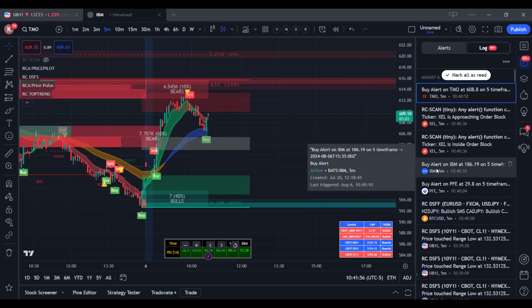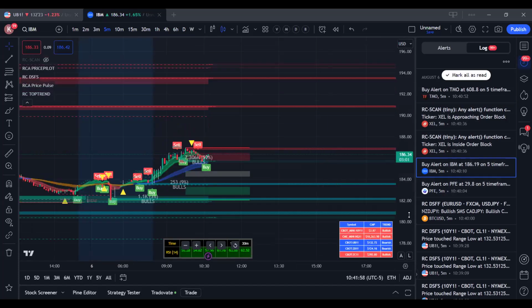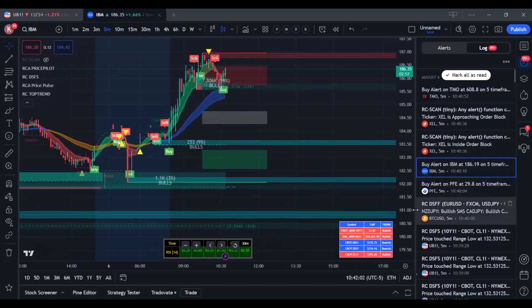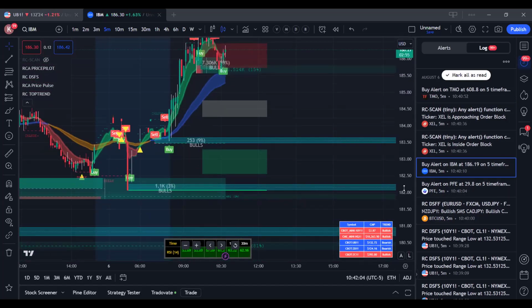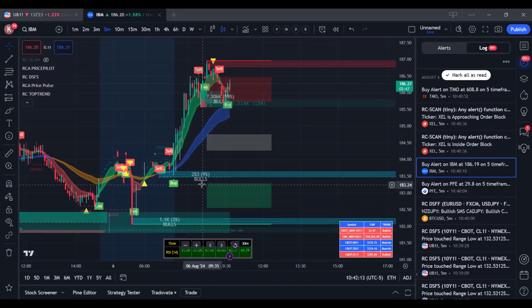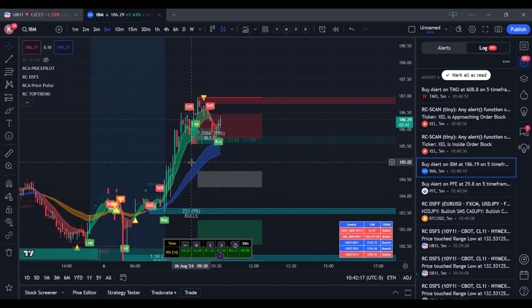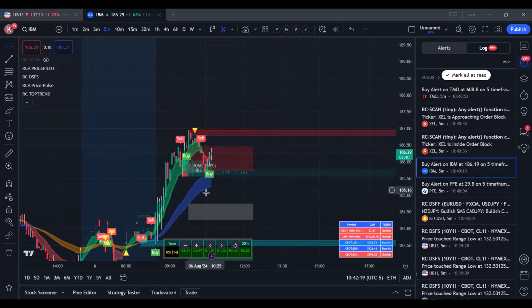So one thing you need to remember is, this is a buy order block in the blue color. In the green color, there is a buy order block. This is a buy order block. Generally, when price touches the swing cloud, that is where major institutions will try to buy. This is also a buy order.